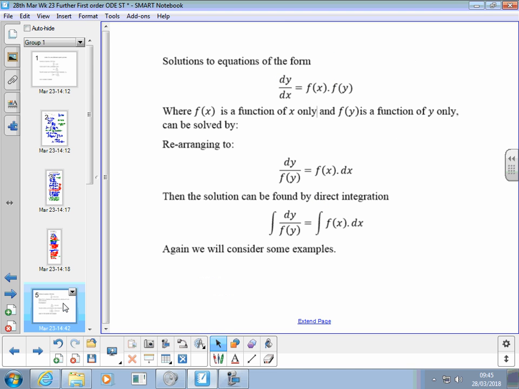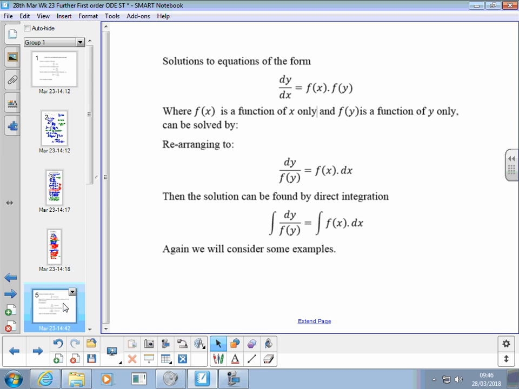In your handouts towards the end, there's a set of further problems on equations of the form dy by dx is equal to a function of y. We'll go through the next bit, and between now and next week there are more problems you can have a go at, because like I always say, you can't get too much practice at these.